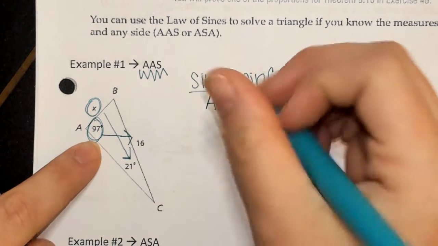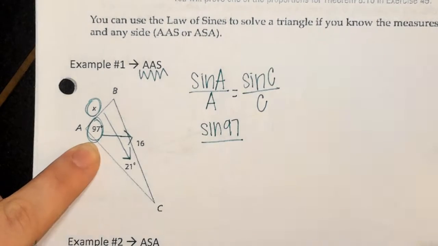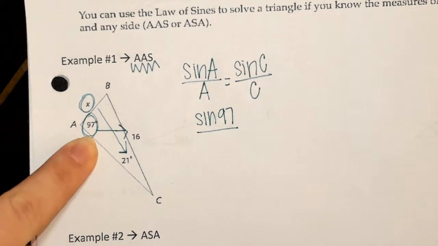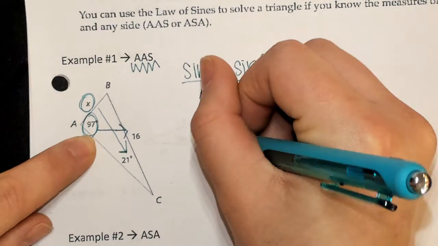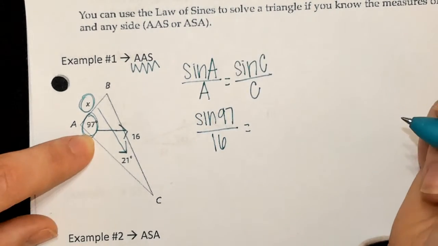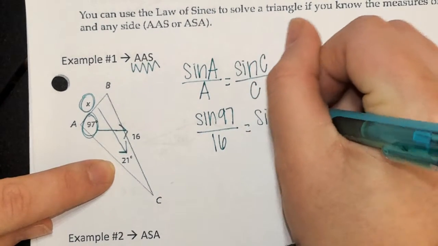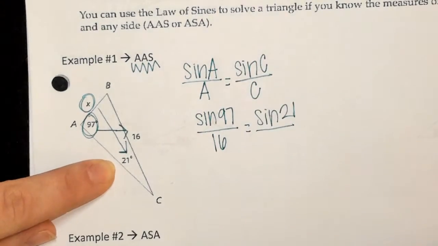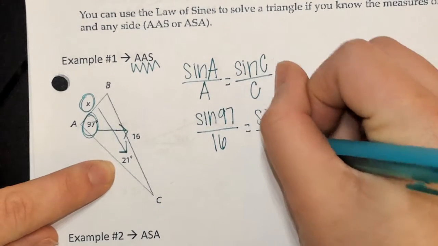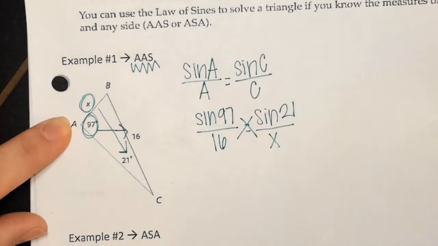So angle A is 97, so you have sine of 97 divided by 16, whatever's across from it. And then angle C, which is 21, so you have sine of 21 divided by what's across from C, which is X. So now we want to solve for X, so we cross multiply.